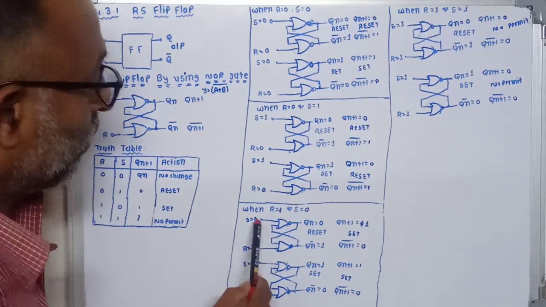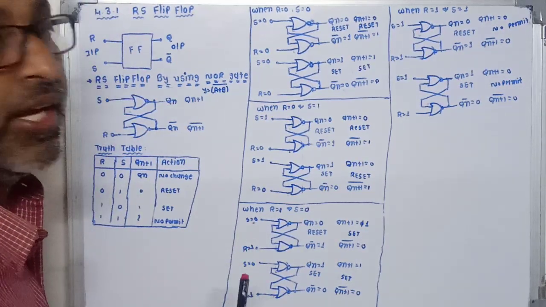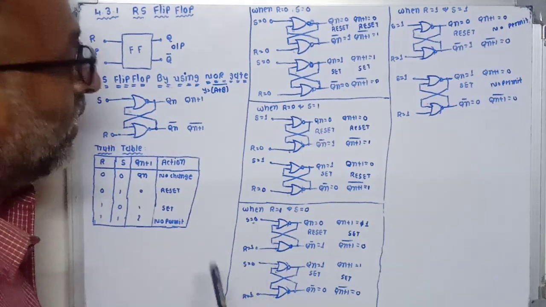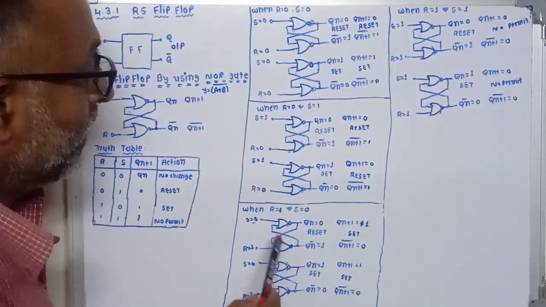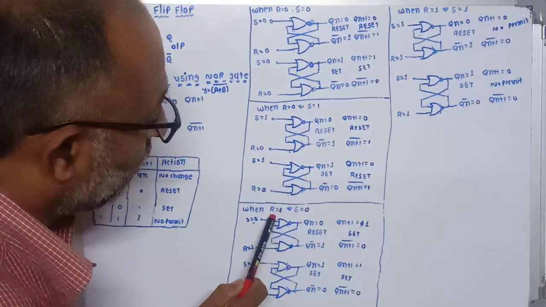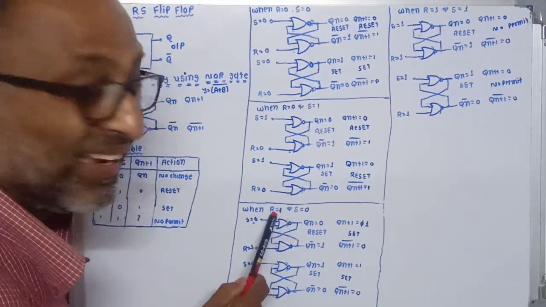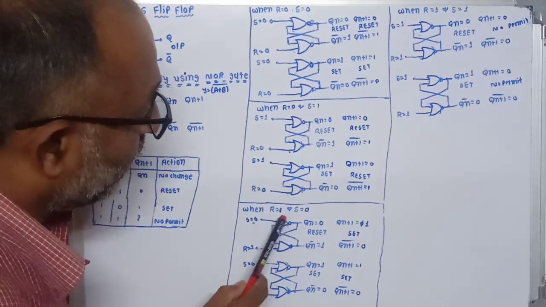Now when S is equal to 0 and R is equal to 1, applied to this set and reset terminal respectively, at that time the inputs 0 and 1 are available at the input of NOR gate number 1.